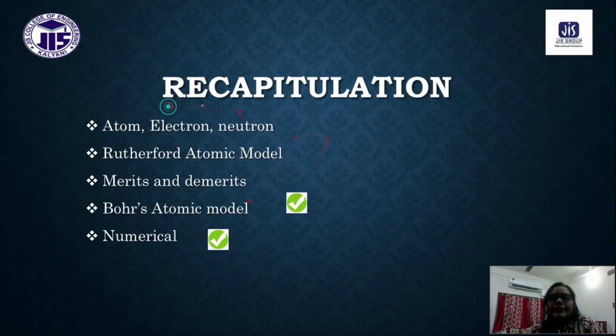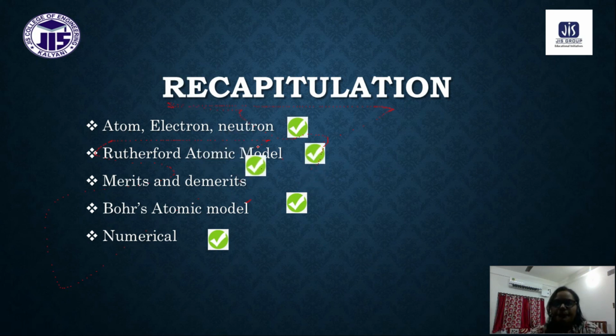So this is the recapitulation. Some of the topics we have covered are atoms, electron, neutron, that is atomic structure, the Rutherford atomic model, its merits and demerits, Bohr's atomic model, and some numericals.